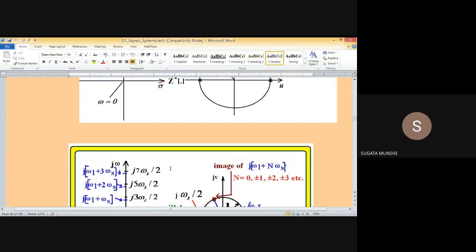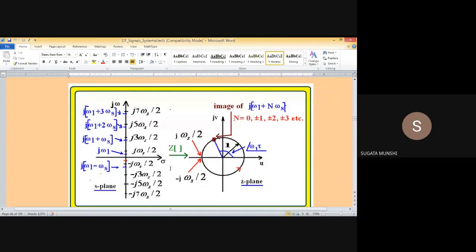Now here, just see, I have written down the same thing. All right, this is omega tau, this angle. Now here, it appears to be very disturbing to the eye, but anyway, say we start from a certain frequency omega 1 along the j omega axis in the S plane.